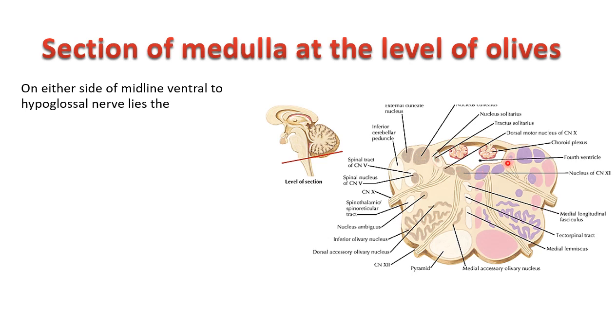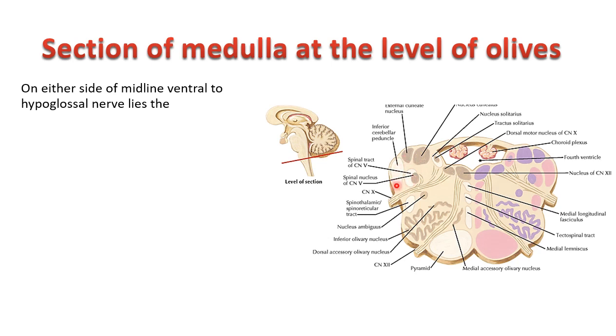So mainly on the floor of the fourth ventricle, on the surface of the floor, hypoglossal nerve nucleus, hypoglossal nerve emerging, and then lateral to the hypoglossal nucleus you are able to see the vagal nucleus, which you are able to see here. And more laterally, that is your vestibular nucleus, in relation to the inferior cerebellar peduncle.